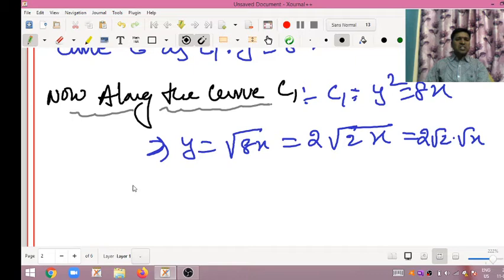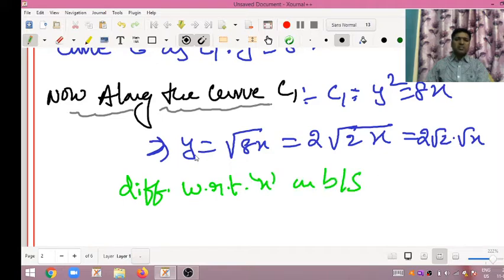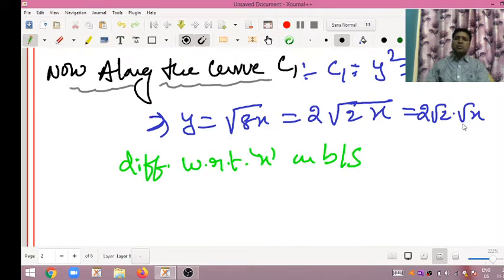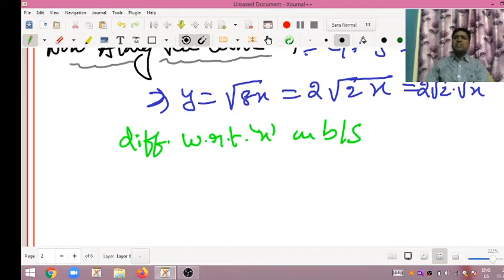Now differentiate this one with respect to x on both sides. So y is equal to 2 root 2 into root x. By differentiating it, dy is equal to what?